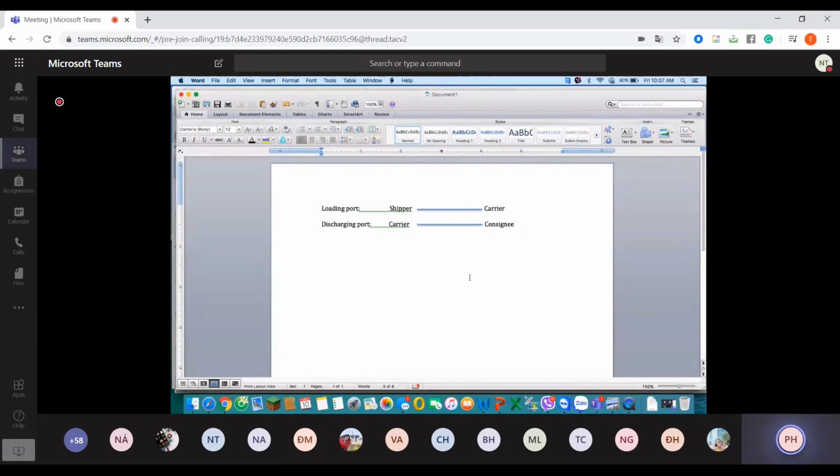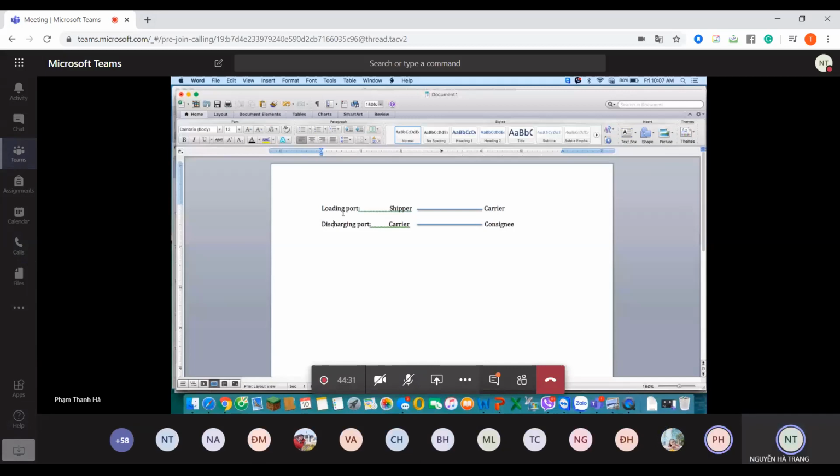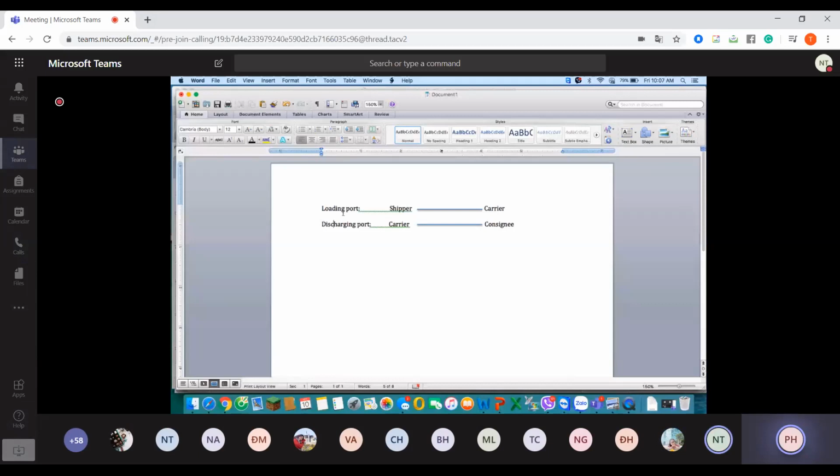The first one is at the loading port. What is a loading port? Do you know what a loading port is? I think you are familiar with it from studying the Incoterms. I think it's the port where you load the goods onto the ship. Right, exactly. How about the discharging port?